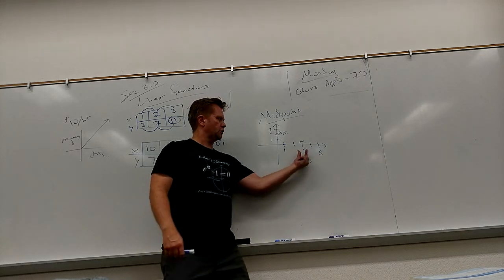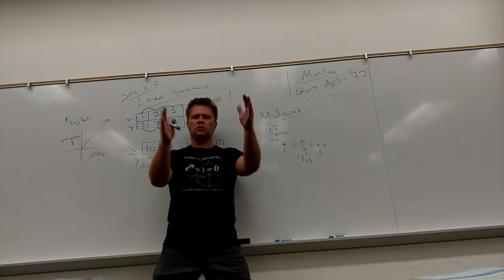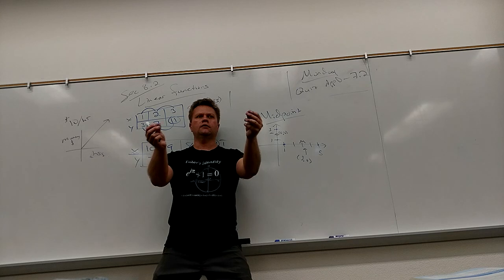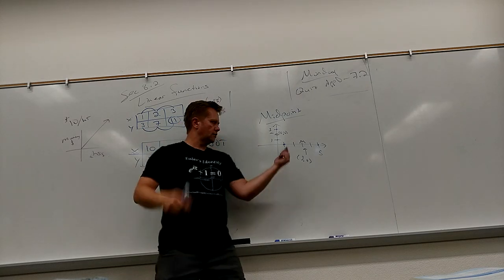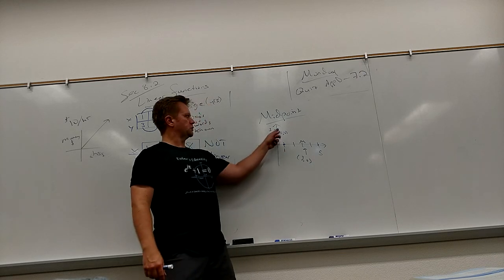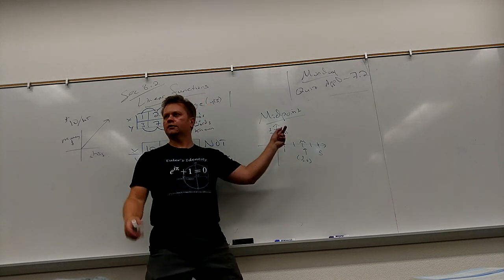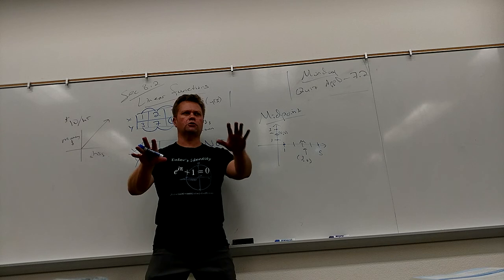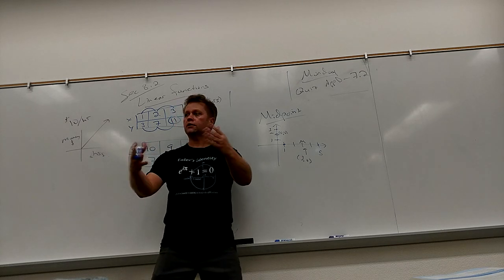How do you get 3 here? How do you find the middle of any two numbers? You take the average. You add them up. 1 plus 5 is 6 divided by 2. 1 plus 3 is 4 divided by 2. So even if the numbers are gross, you can still do it. You just take the average.